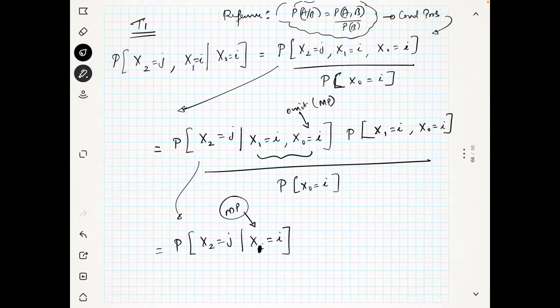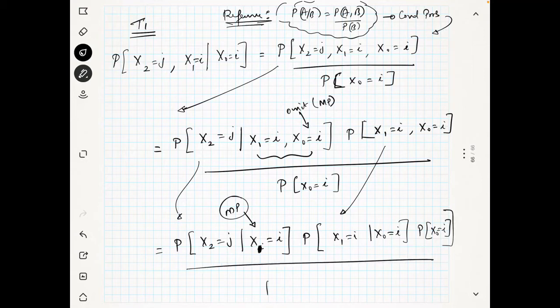Into the probability that x1 is equal to i given x0 is equal to i, into the probability that x0 is equal to i, by using this reference that we have already explained, divided by the probability that x0 is equal to i.